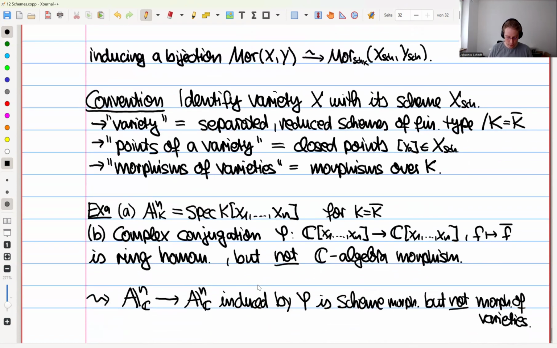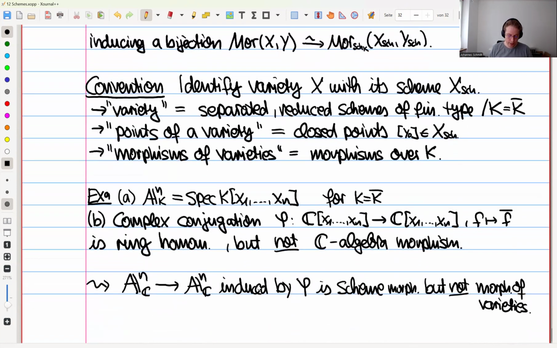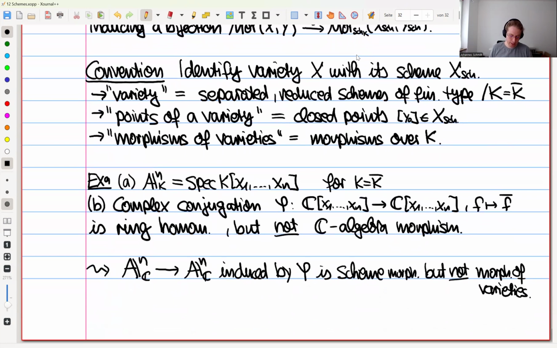And then this final warning that I mentioned is that it's really important in this context to make sure that the morphisms of these schemes here are morphisms over the field K. And we can see this in a particular example. So let's take here for K the complex numbers.